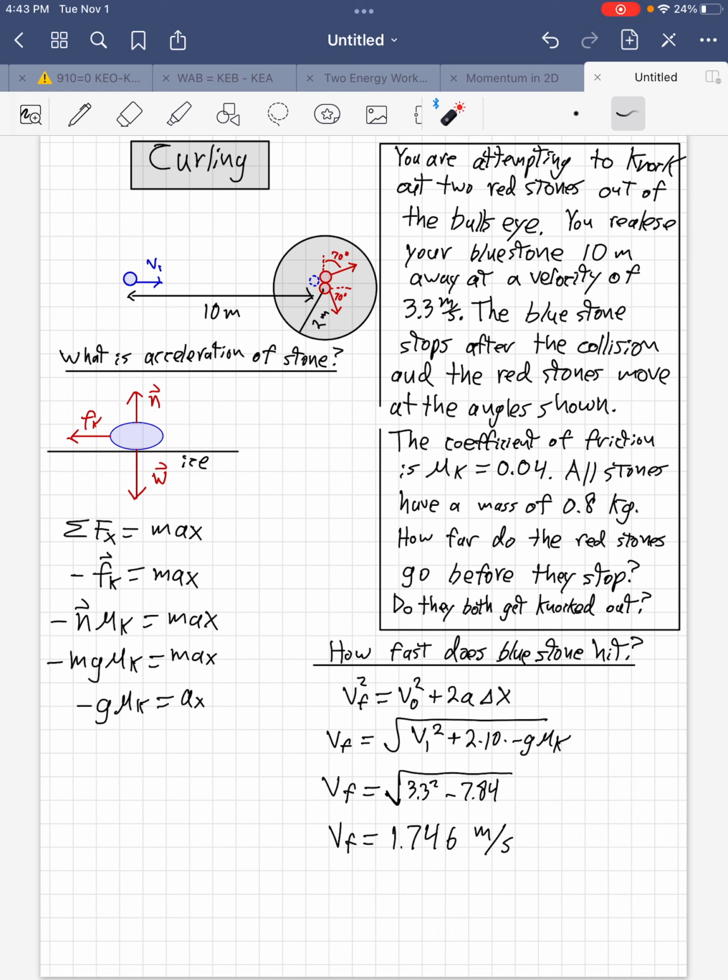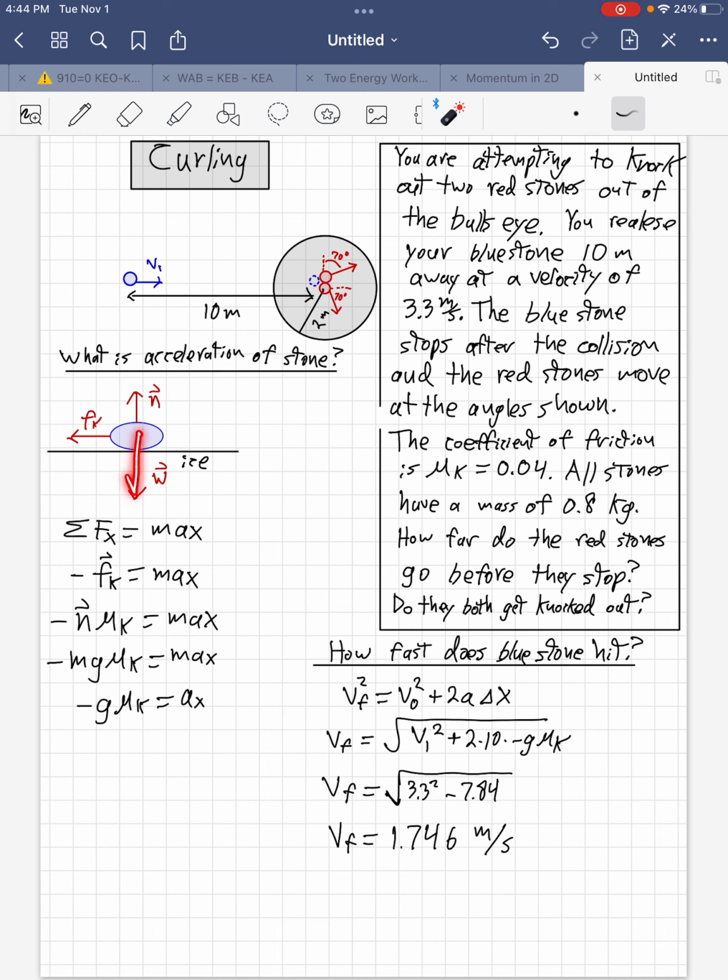If we write Newton's second law, the sum of the forces in the x direction, the only force acting in the x direction is friction, which is acting in the negative x direction. We know the kinetic friction force is equal to the coefficient of friction, which we said is 0.04, times the normal force.